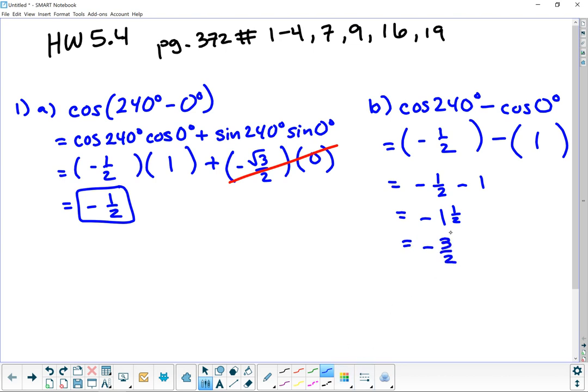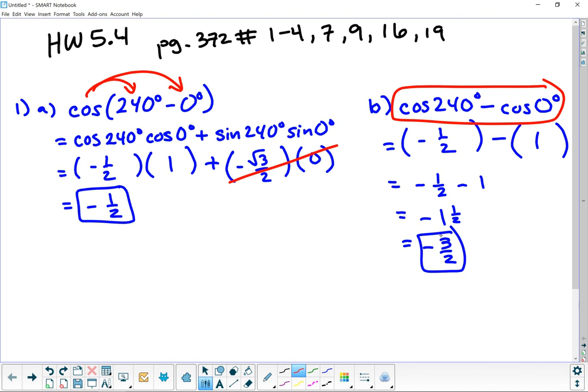You see how they're not the same answers? These are the right answers for each one. If you do the distributive property and keep working it out, you'll get negative 3/2, which is not the same as negative 1/2. But that's the answers for A and B.